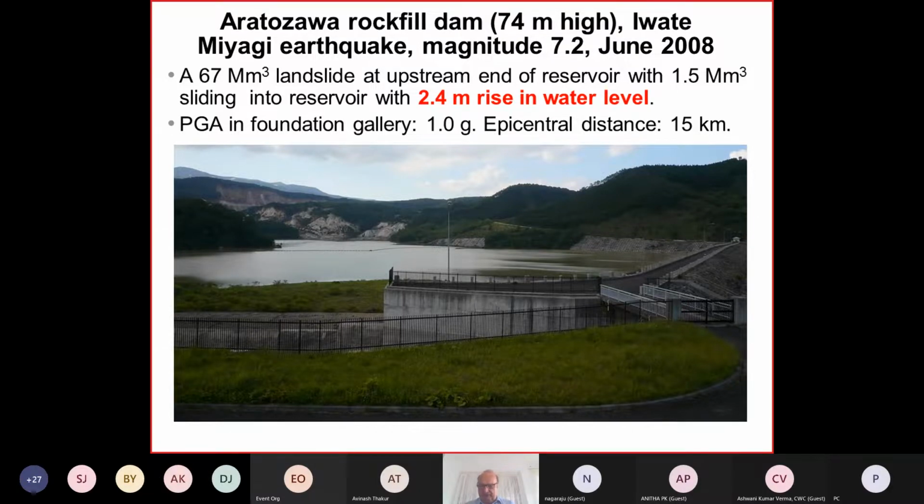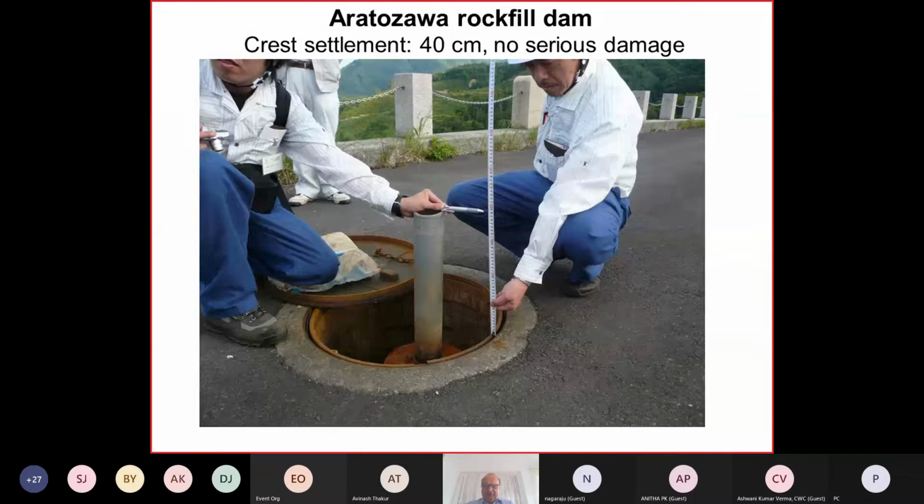Now, what happened here? You see the dam, basically with 1G, you can see it settled about 40 centimeters. So the dam basically was undamaged. Due to its strong ground shaking, it was just compacted, and it was compacted 40 centimeters.